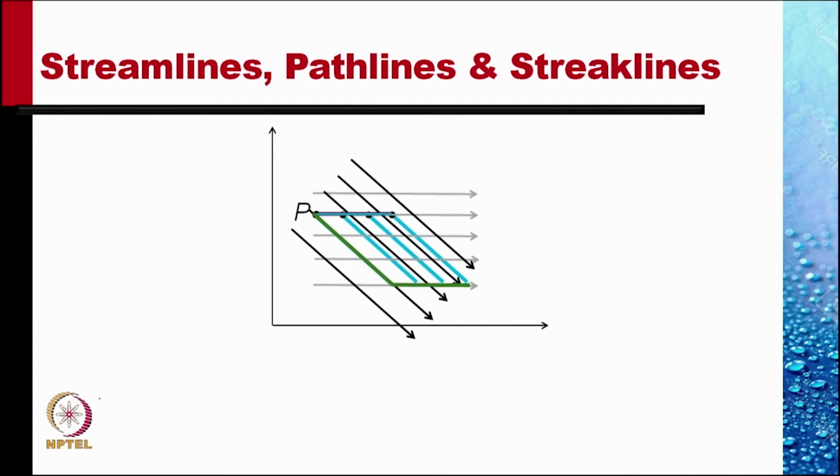And what is the path line of the particle that started out first from point P? The path line is this blue line. They start from P horizontally and then take this 45-degree inclined line. So the green line is an inclined L, and the path line is an inclined L upside down. I hope this clarifies the differences between streamlines, path lines, and streak lines.